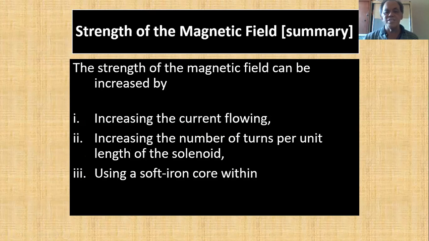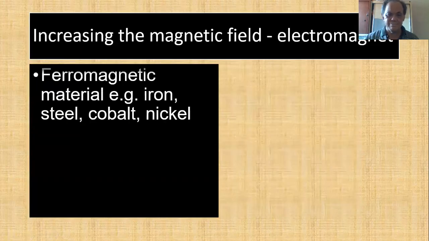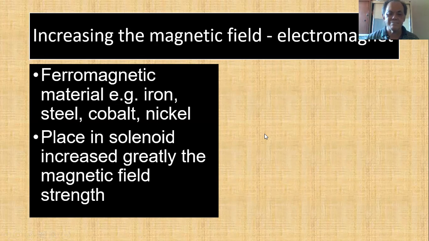You can also increase it by putting a soft iron core inside, which changes the mu naught, increasing it. That's what we do in an electromagnet, by putting in a ferromagnetic material. Ferromagnetic material can be iron, steel, cobalt, nickel. By putting ferromagnetic material, we increase the magnetic field greatly.